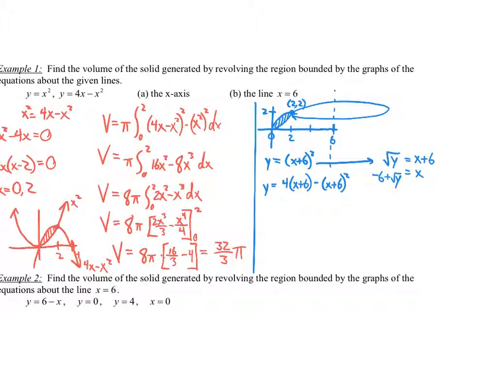That's going to be the inside radius. So as I'm setting up my integral, it's going to be the integral from 0 to 2 still. It's going to be something squared minus this -6 plus radical y, squared, dy. And don't forget the pi on the outside.